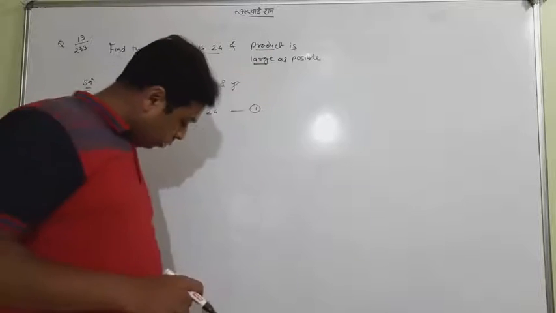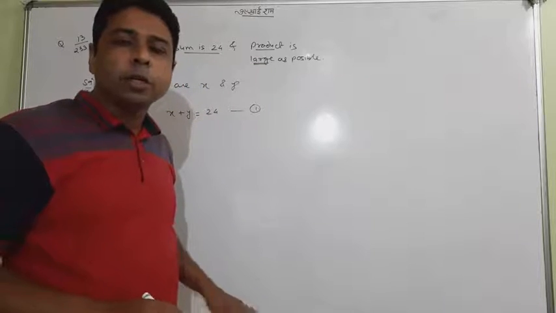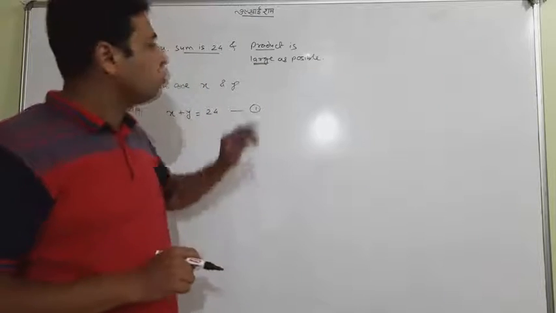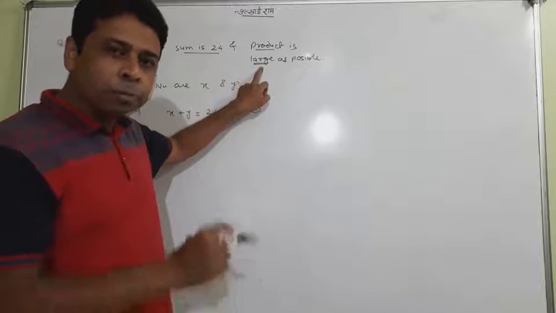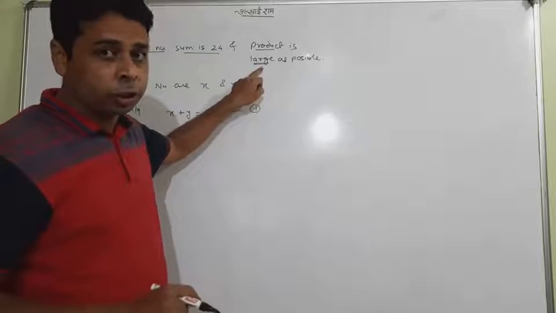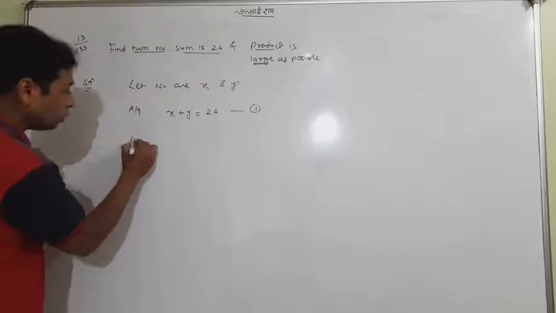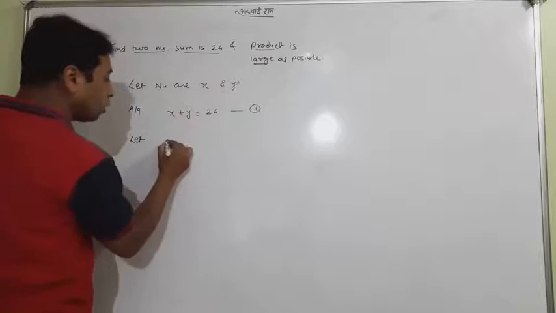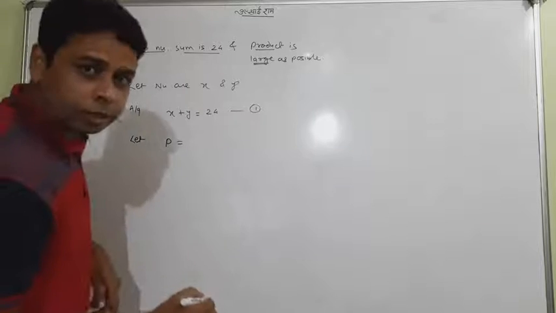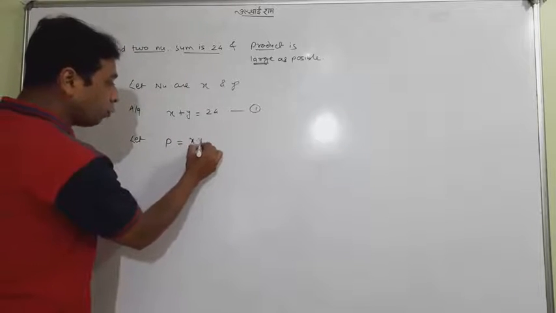Students, try to understand: the function which you want to show as maxima or minima will be your main function. So here the main function is the product. We assume that the product is called P. Suppose P is the product of x into y.